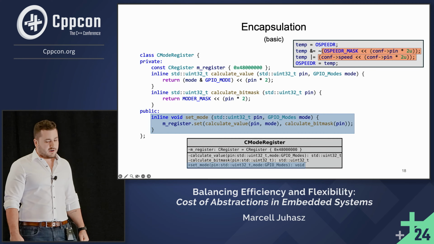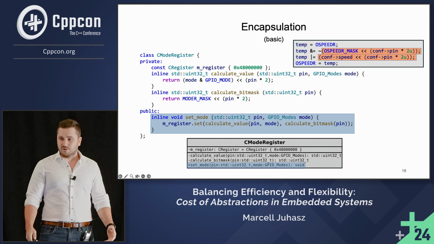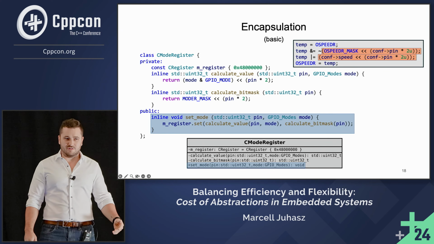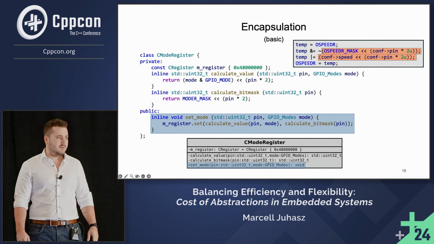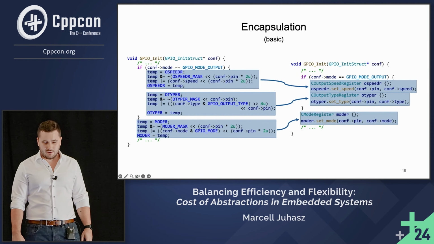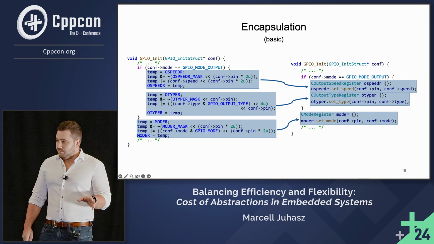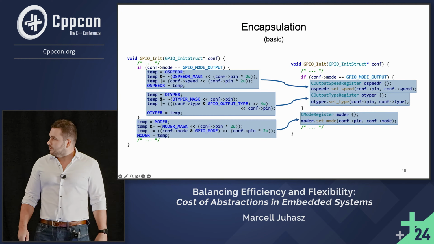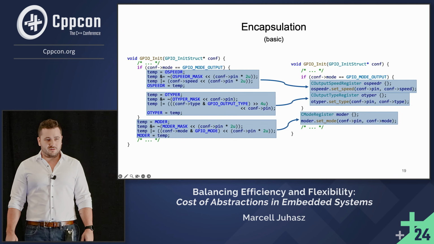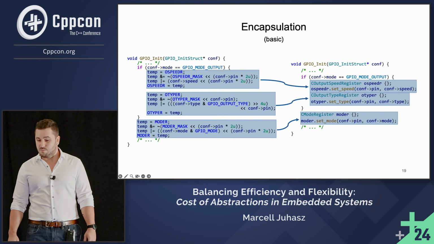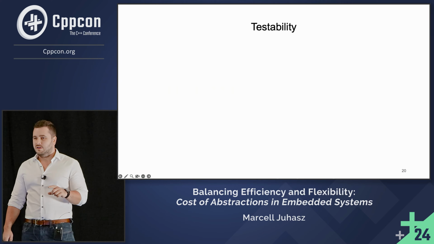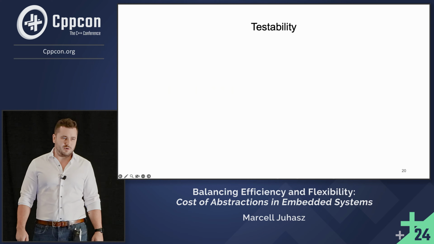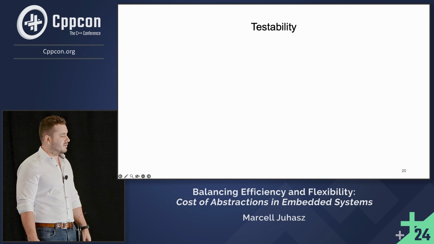For example, calling set mode with the corresponding enum value provides a much clearer and more understandable implementation than shifting bits around in the code somewhere. As you can see, if we apply all of these changes to the code base, we already arrive at a much clearer and more readable implementation. So it's pretty nice.